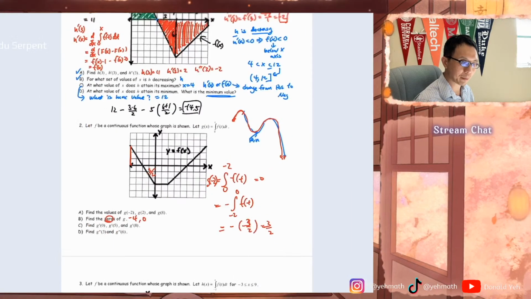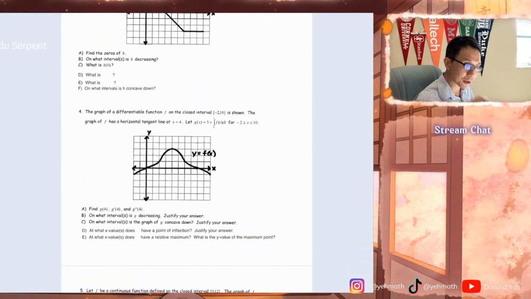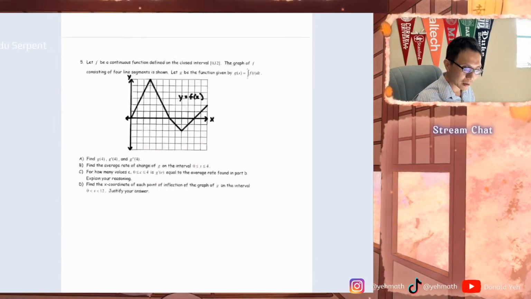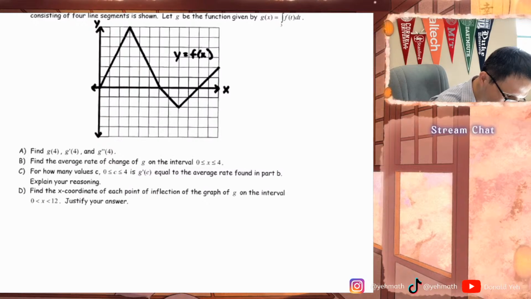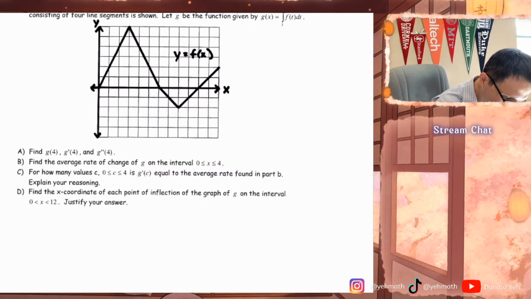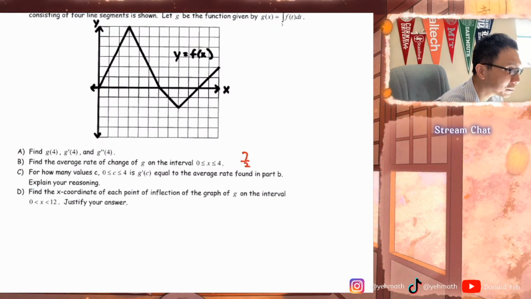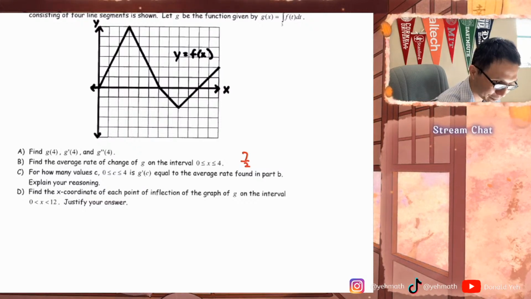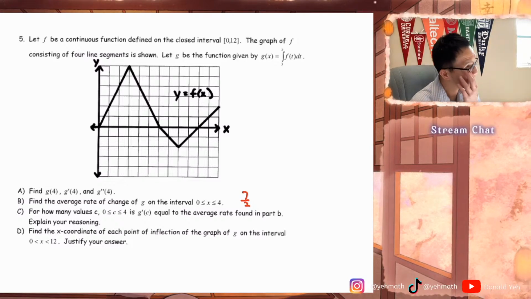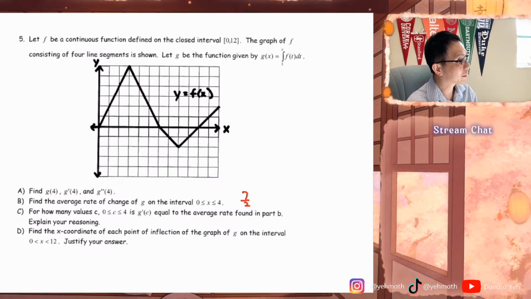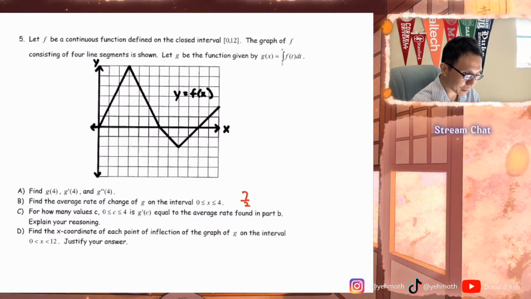And that's pretty much the breakdown as much as I can. And then this one here. A lot of people said they don't know how to do this one. This one's 7/2. Do you guys have a problem with that one? Which question is it? Question 5. You got this? Okay.